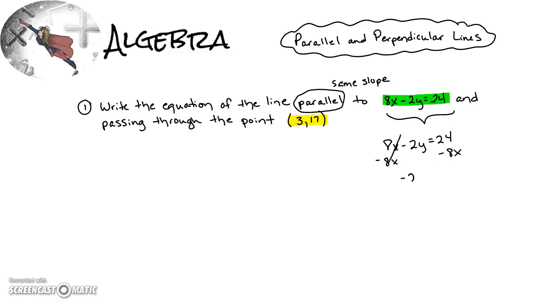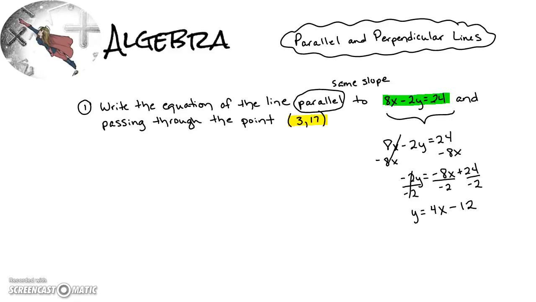So then negative 2y equals negative 8x plus 24. Alright, so then just divide everything by negative 2. Just write it separately so that you don't forget that everything is divided. So that gives us y equals positive 4x minus 12.